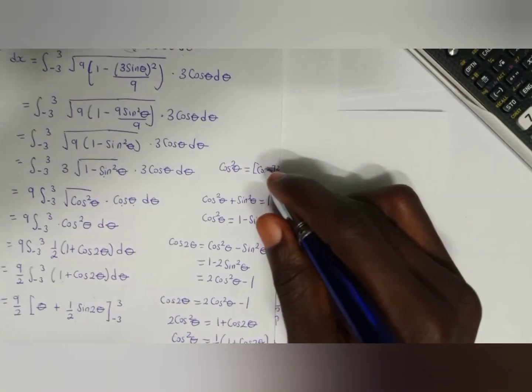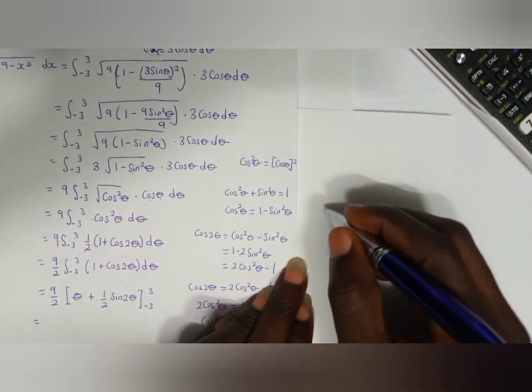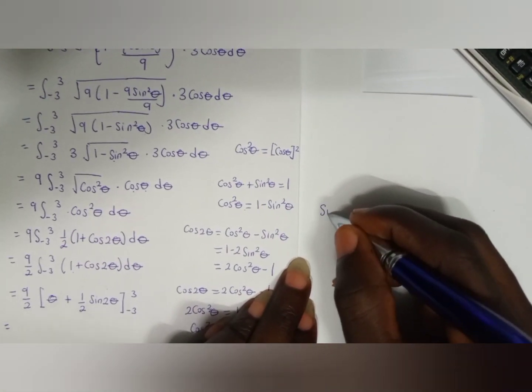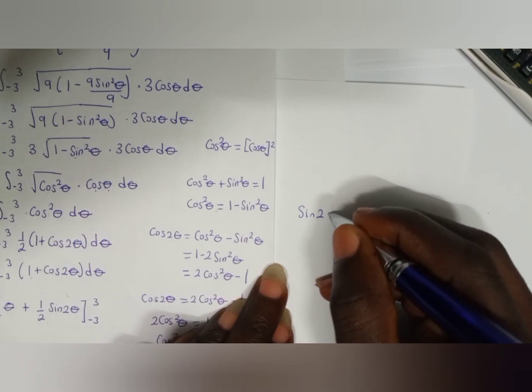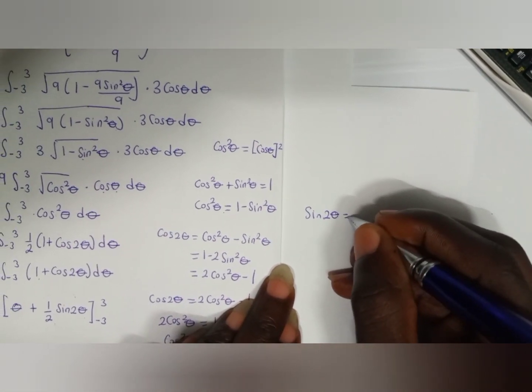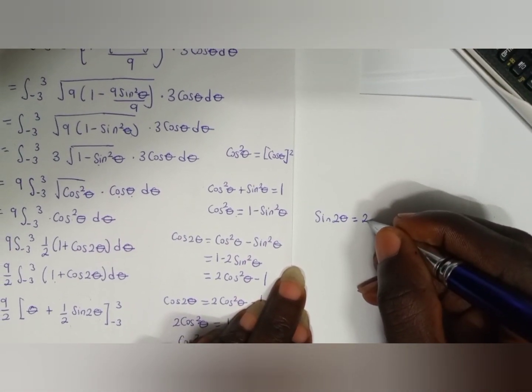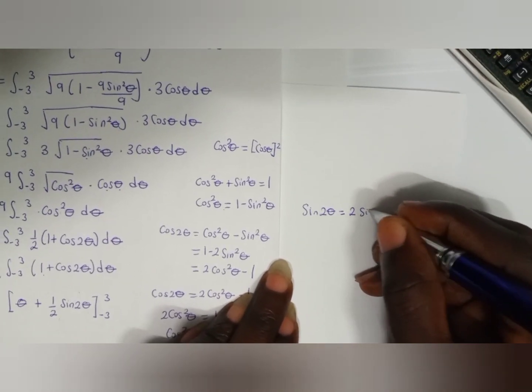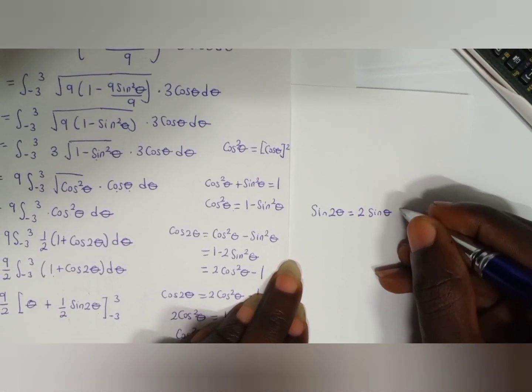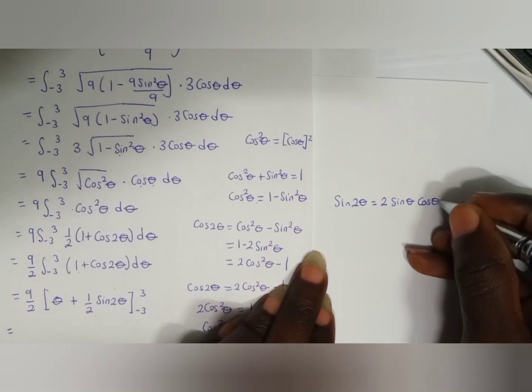So from the trig identity, we know that sine 2 theta is equal to 2 sine theta cos theta.